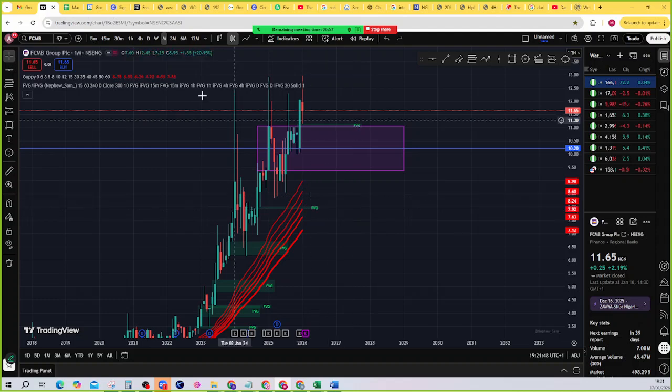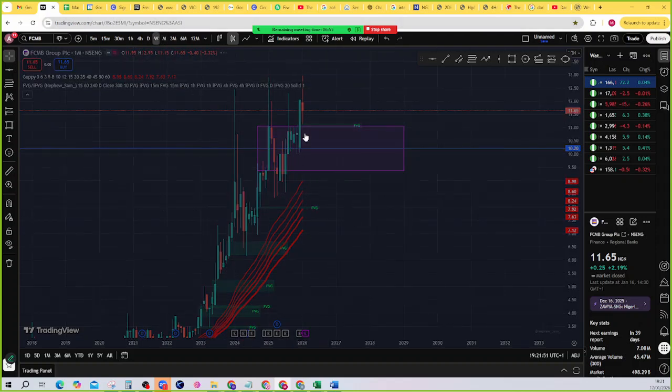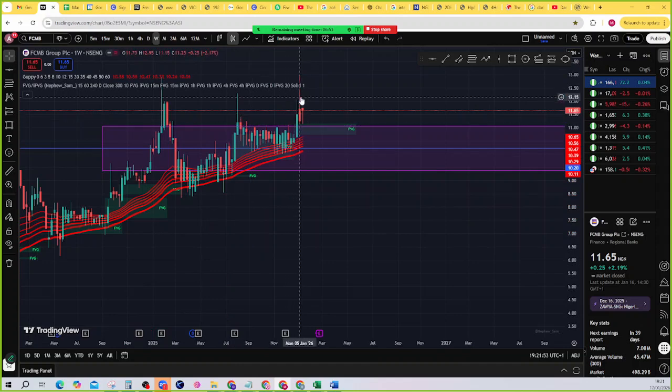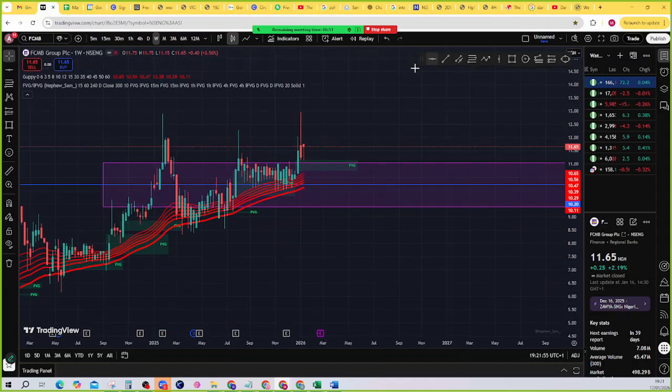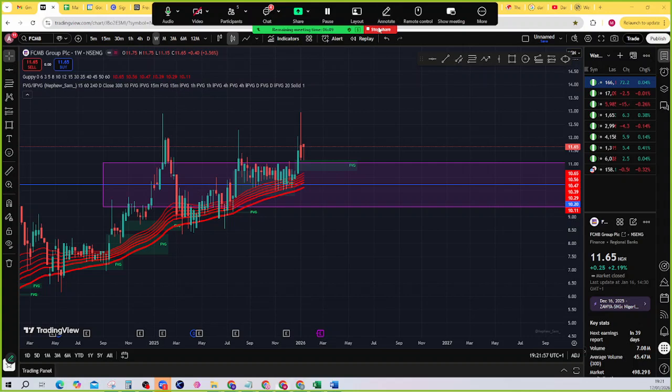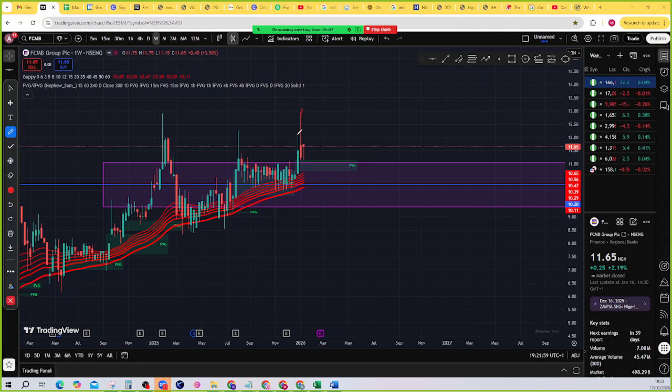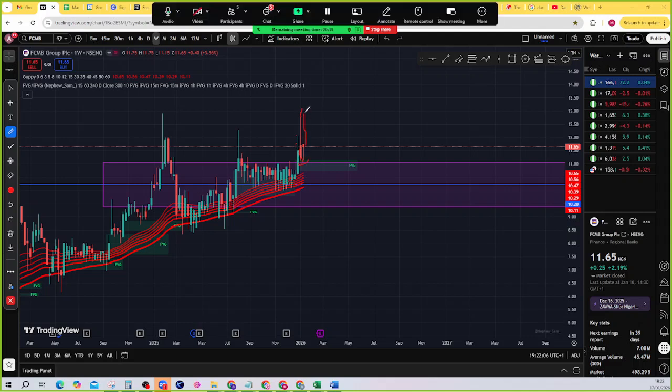Number two, after this breakout on the weekly, what did I see? There was no pullback. If you notice these two candles, this one is not a pullback candle. This one has a higher high than this. So if it's coming down to this support, it means you will buy it back to this place.